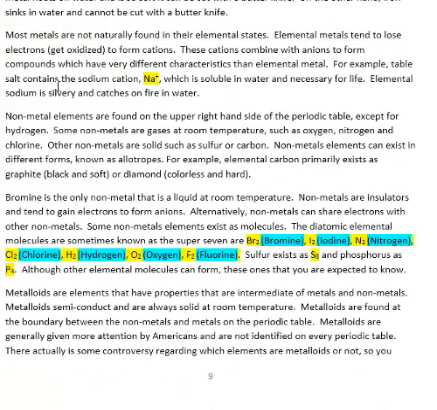And so here we can say the salt contains the sodium cation, Na+, and then down here the diatomic elemental molecules are sometimes known as the super 7. That's a typo.